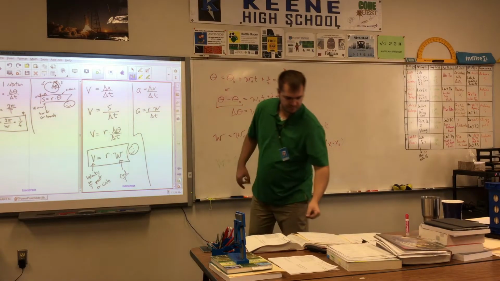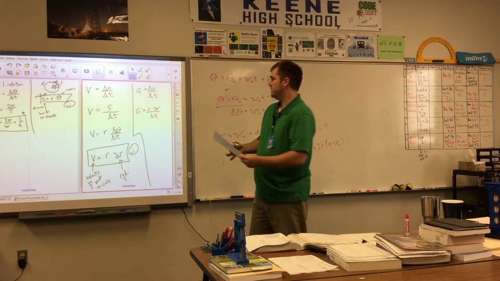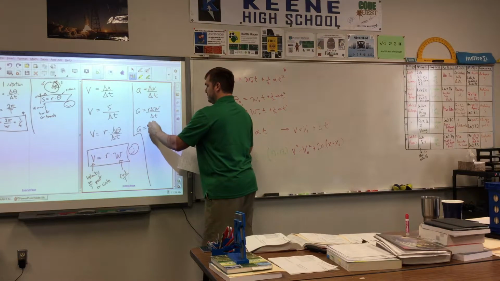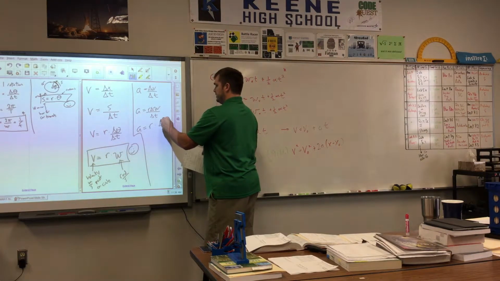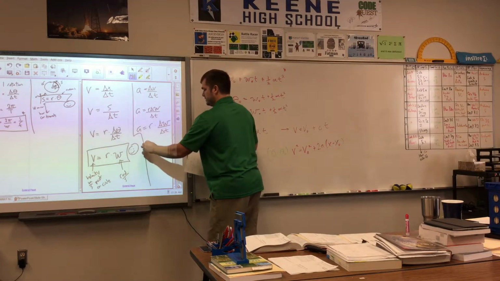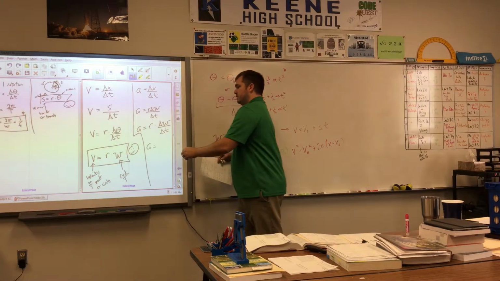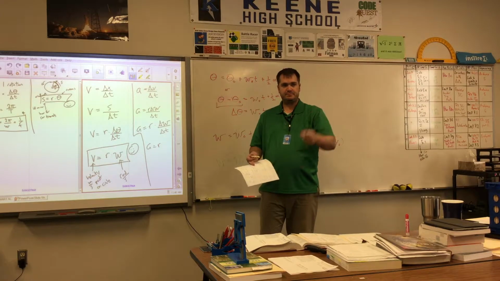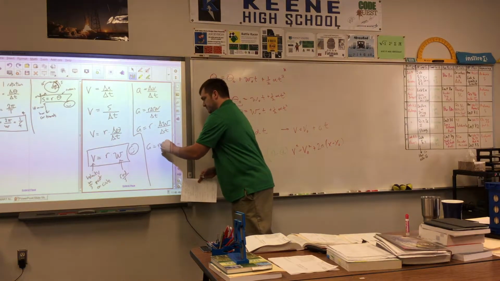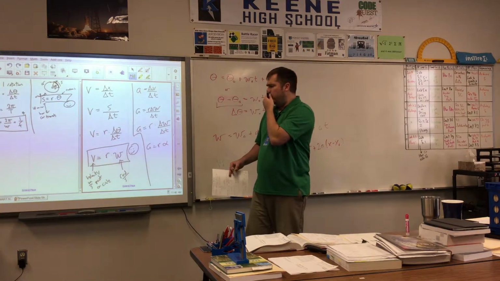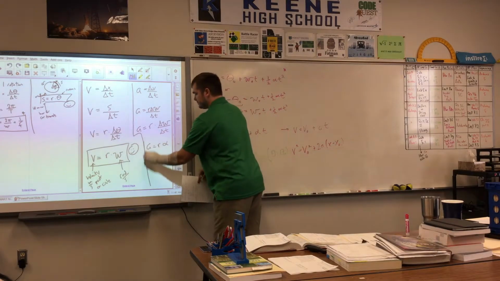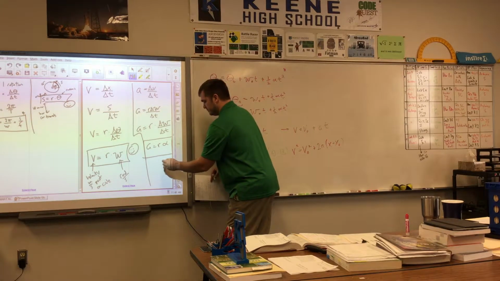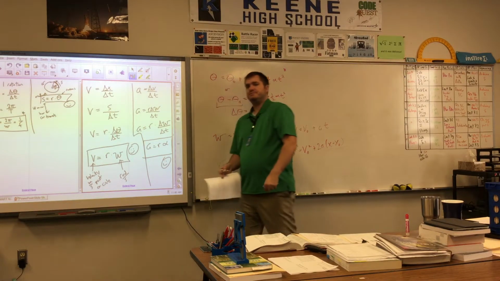So r times delta omega over delta t. Anybody, does that look familiar? Delta omega over delta t? Alpha. That's happy formula number 3. And don't worry, there's only 3.